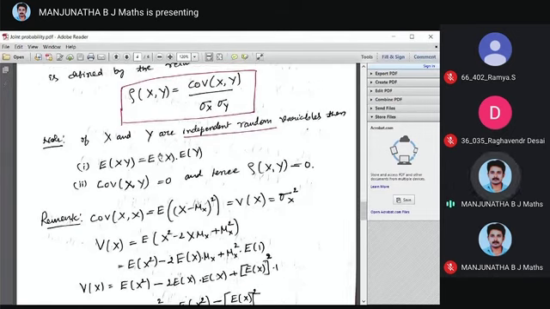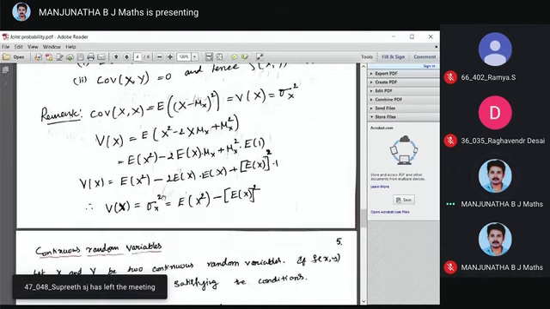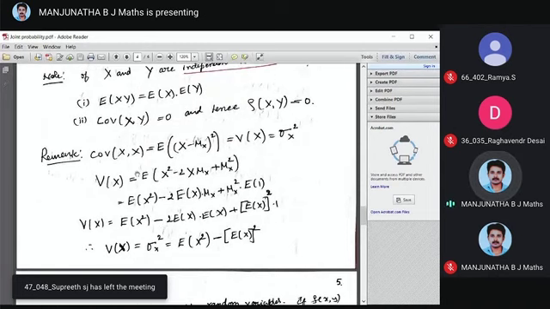So once covariance is zero, there is no question of correlation; that is also zero.